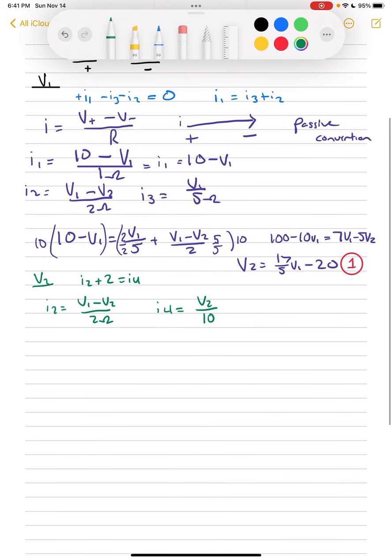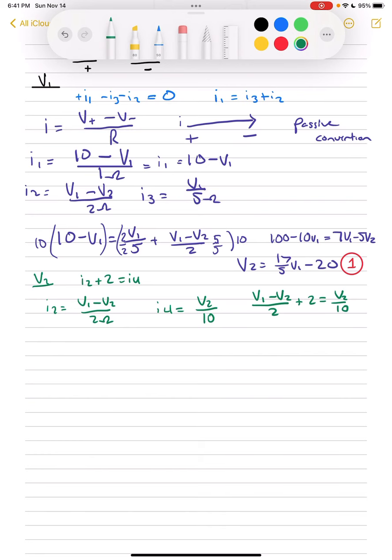We can see that V1 minus V2 over 2 plus 2 is equal to V2 over 10. And just to make things easier, we can simplify this really quick.